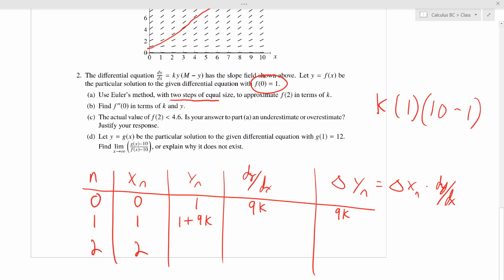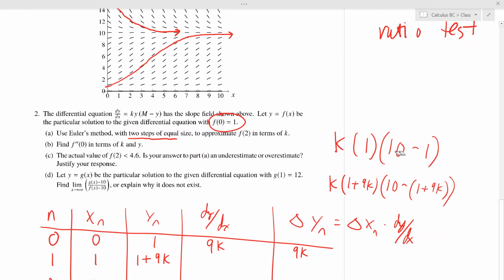Then we can find dy/dx again. That is k times the y value, which is 1 plus 9k, times m, which is 10, minus the y value, which is 1 plus 9k. That seems crazy, right? But we'll simplify that.